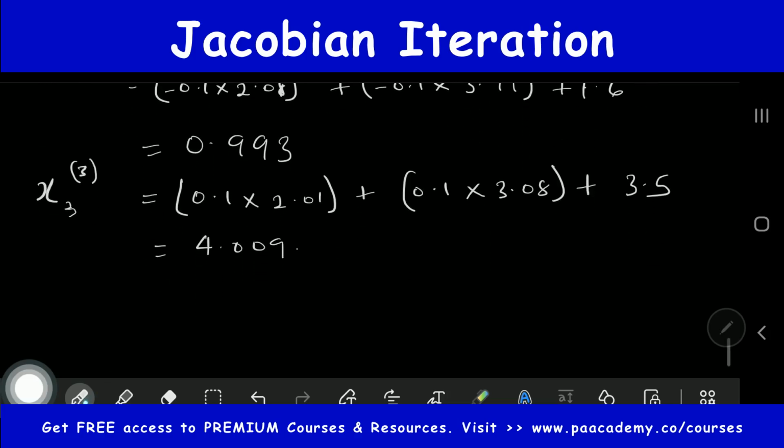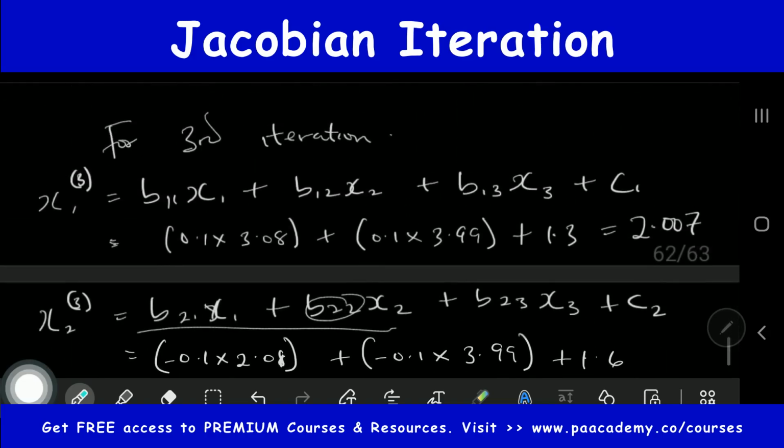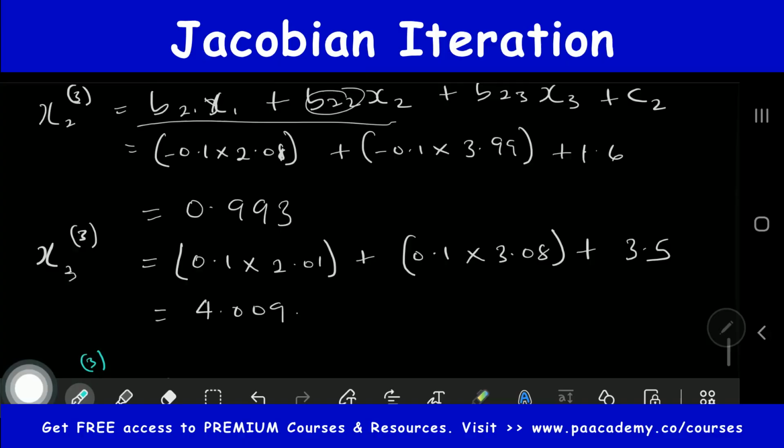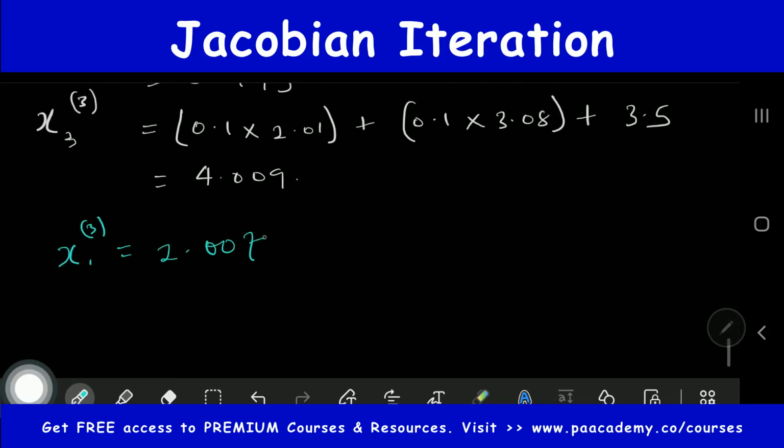So with this, we've been able to get the answer. We can conclude that our x1 of the third iteration is 2.007.